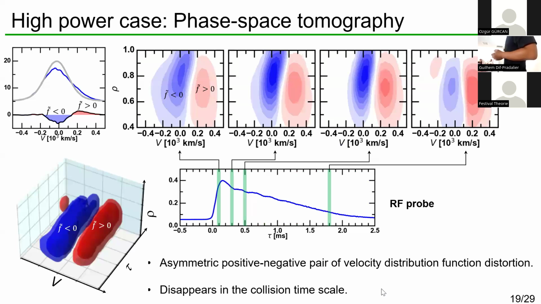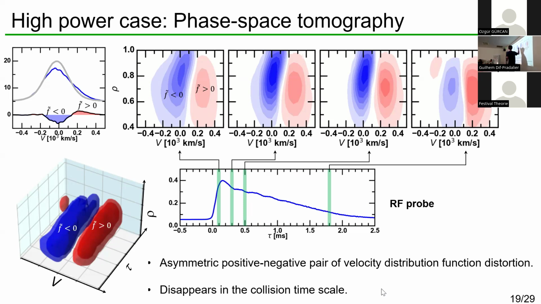Let me show the result of the phase space tomography for the high power case. This is quite similar to the previous observation. As I said, we have a decrease in the particle number in the zero velocity region and a positive tail after the energy burst event, which is shown by blue and red color here. And this is the time evolution of the phase space perturbation structure as a function of velocity and time.